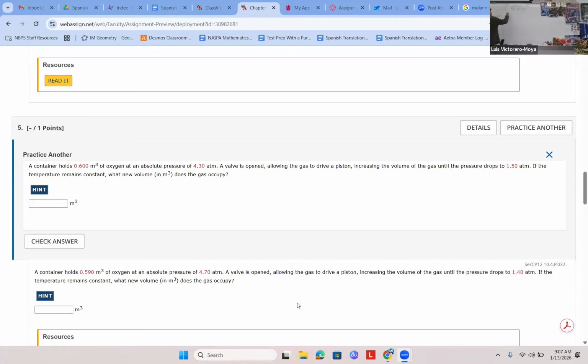In an isothermal process, the temperature is constant. And we just write P1 V1 equals P2 V2. Now let me show you why that is.